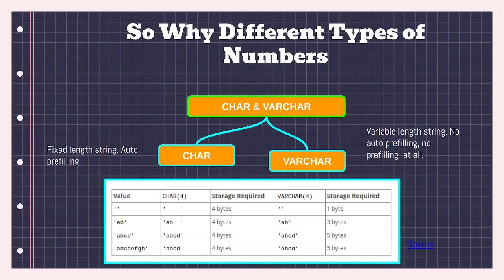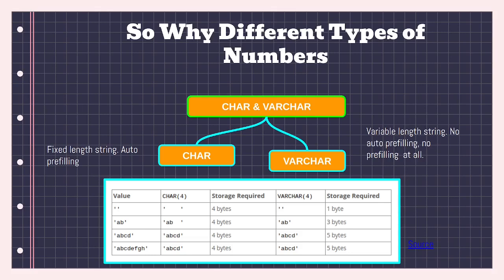But if another person makes a typo and types in A-N-A, instead of the double N, then one space is left. What varchar does is simply fill those 3 spaces and not pre-fill the last space, so it saves on memory.